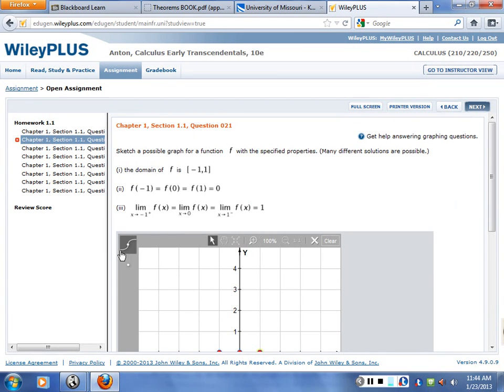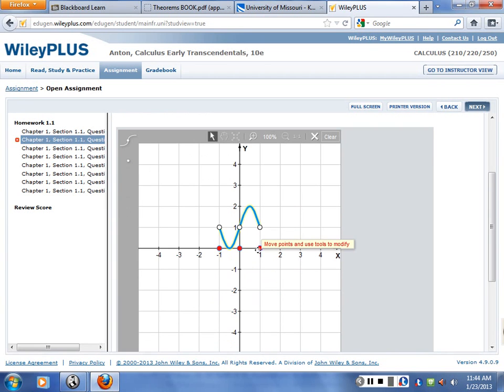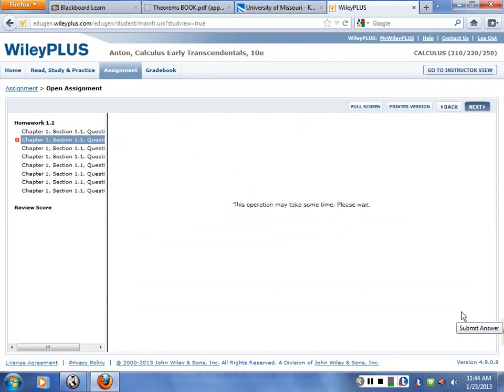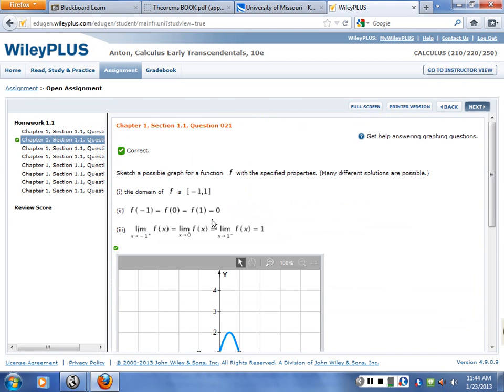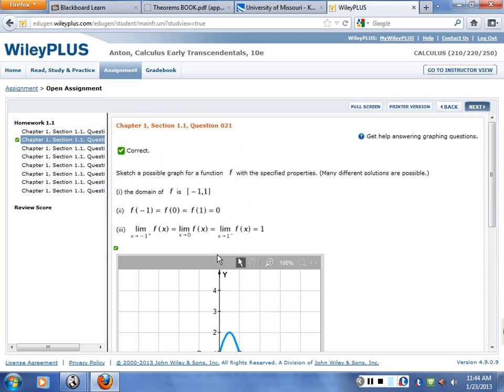The limit is, now it changed to 1. So I need to pull this down here, so if I approach -1 from the right, I go to 1, 1, 1. If you zoom in, you can see where your points are. That's my answer. Okay, that's correct. So I think maybe one of my dots was actually off. But it's pretty straightforward.